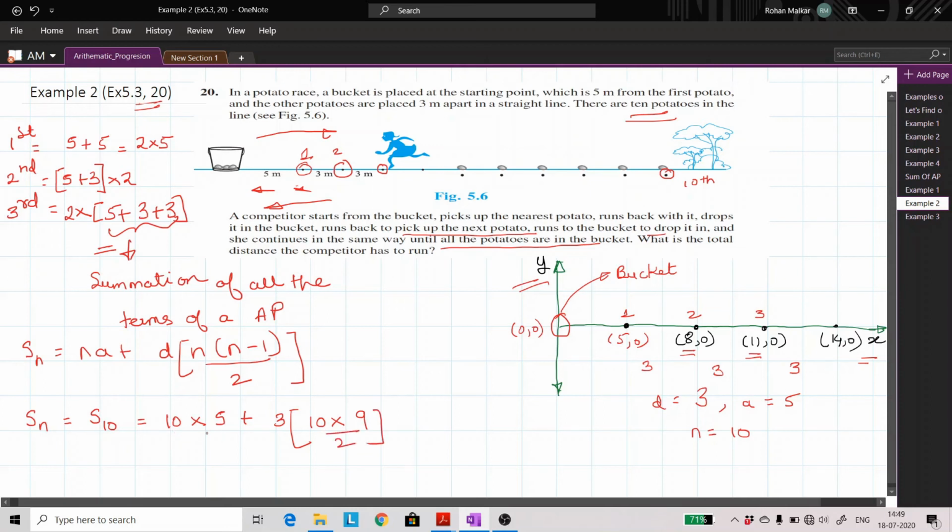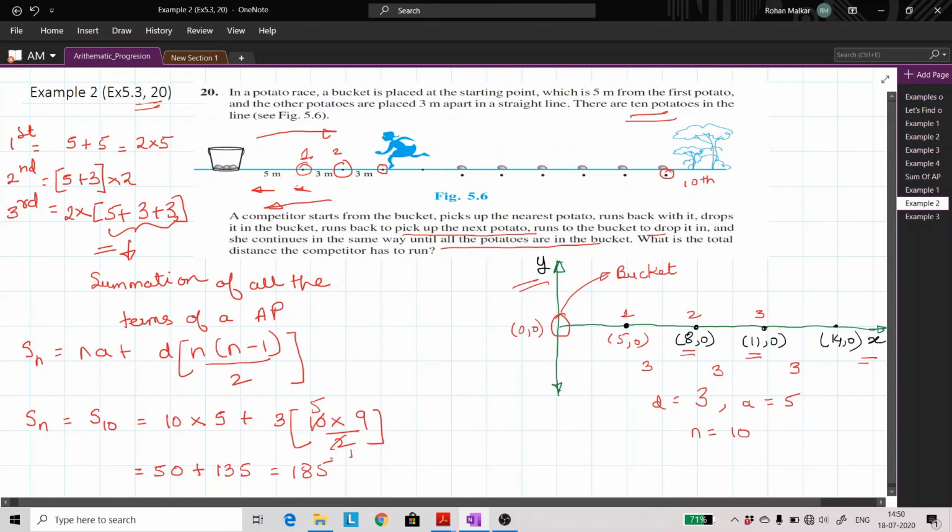So you get this as 50 plus 2 ones are 2, 2 fives are 10, 5 into 9 gives you 45, 45 into 3 gives you 135, and this total comes out to be 185.